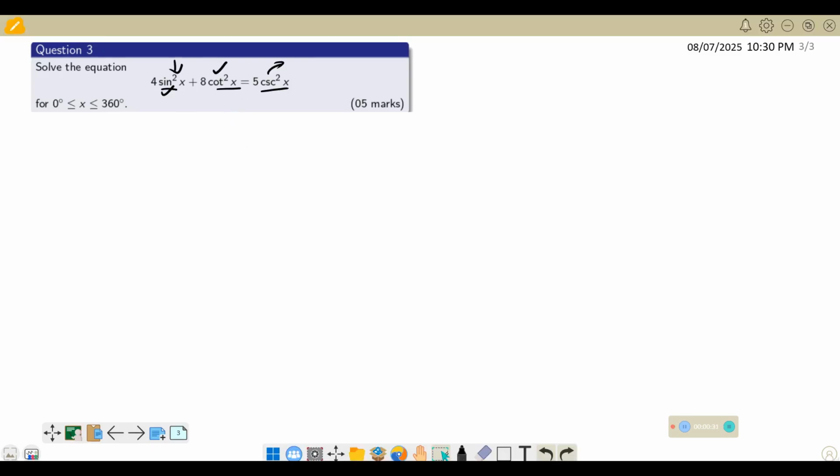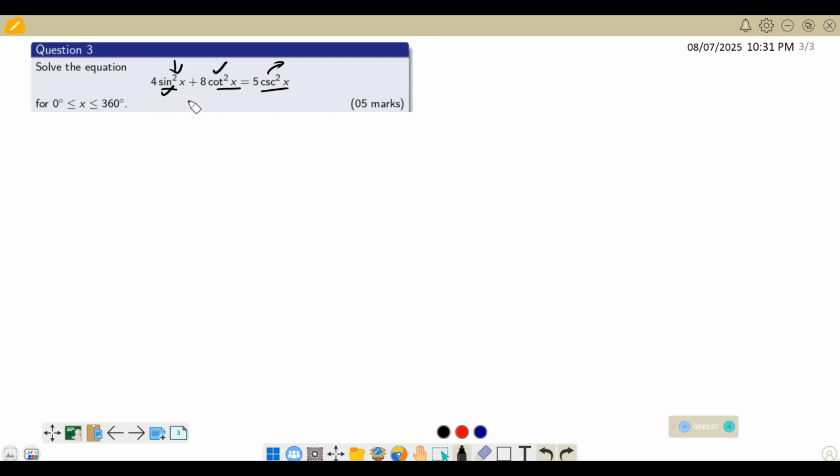We shall look at how best we can first simplify this given equation, because we are given 4 sine squared, 8 cot squared, and 5 cosec squared. So to solve this equation, you must first create the relationship between sine squared, cot squared, and cosec squared. So how do we do that? We have different ways.